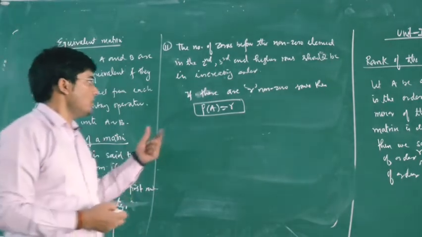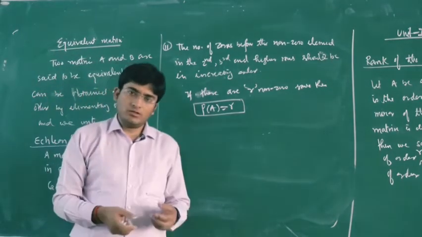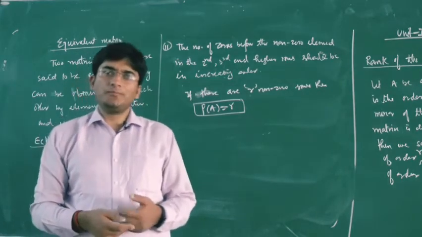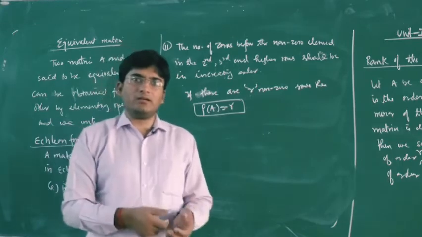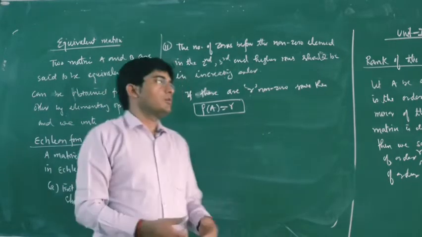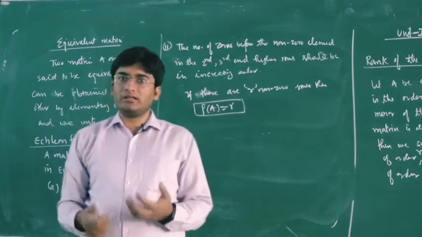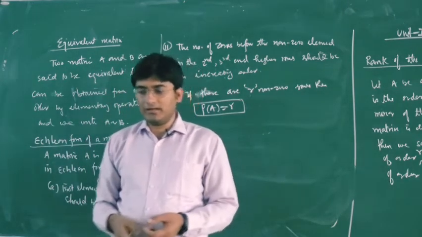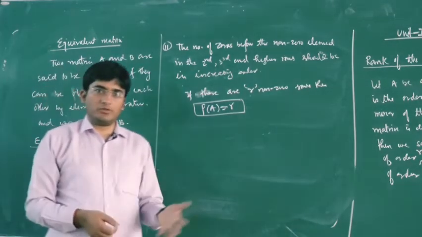Now, to make a matrix in echelon form, we can use either row operation or column operation. If we use row operation, then we will say that it is row rank of the matrix. And if we apply the column operation, then we will say that it is column rank of the matrix. And for every matrix, row rank is the same as column rank.